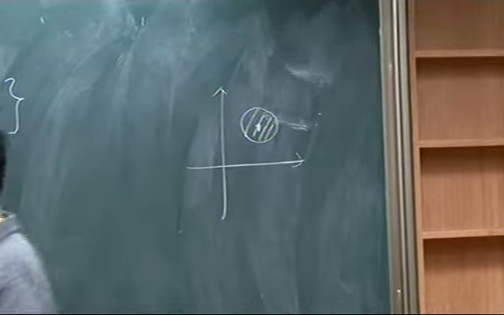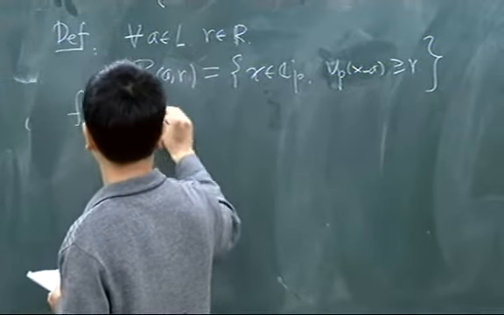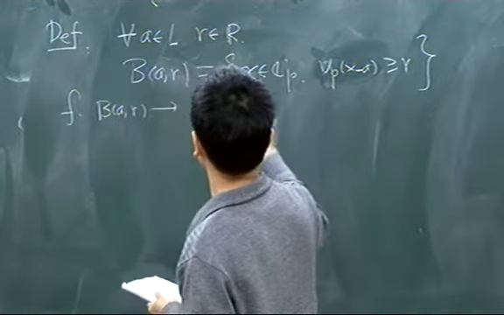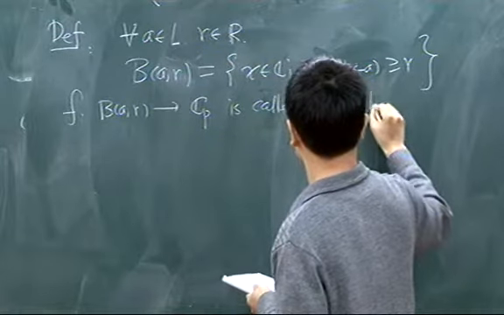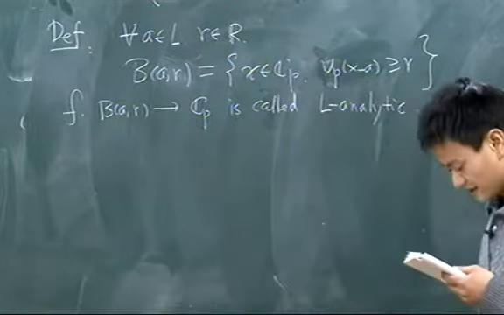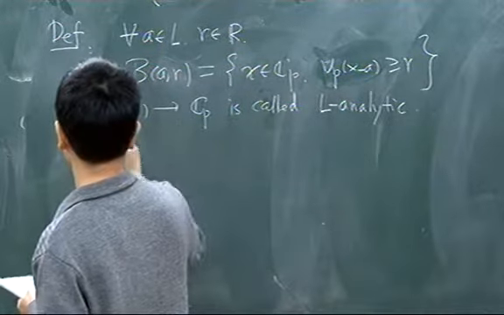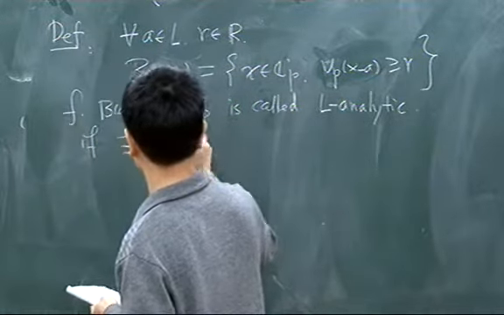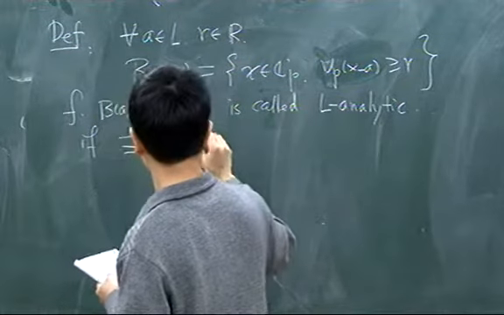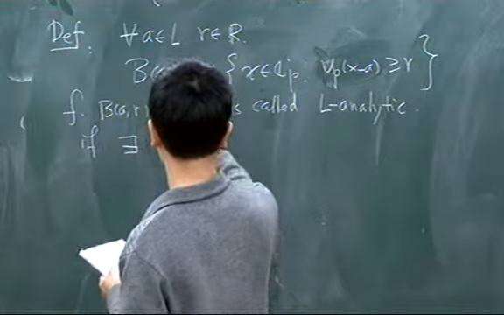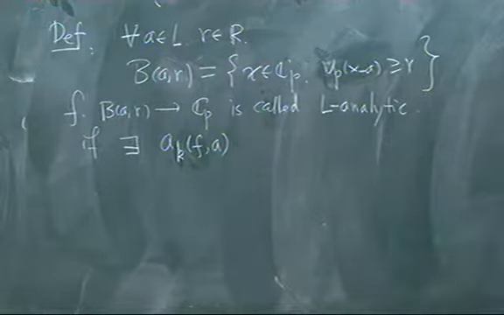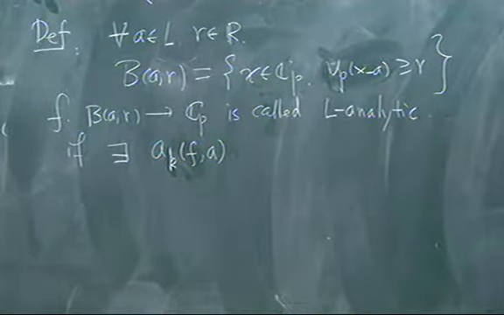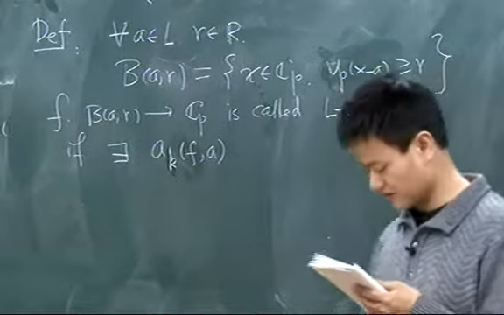So now a function f from B(a, r) to C_p is called L-analytic if we have a_k, so basically it just means in this ball f can be written as a power series centered at a with coefficients in L. Okay?